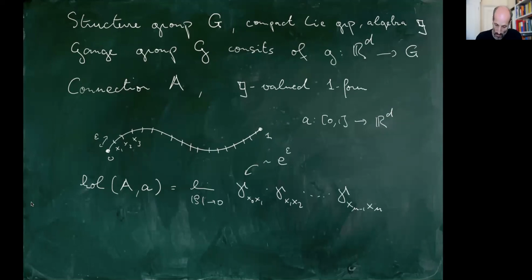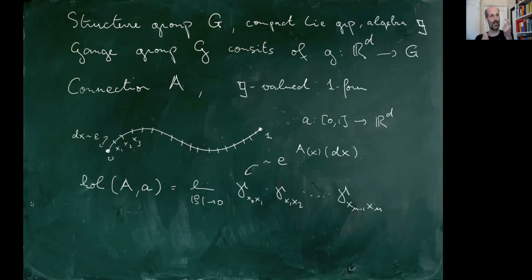It would be e to the epsilon, actually I can write it as A of x at dx. Let me write it like this, right? So it's A(x) at dx, right? So this epsilon here is actually really a dx.